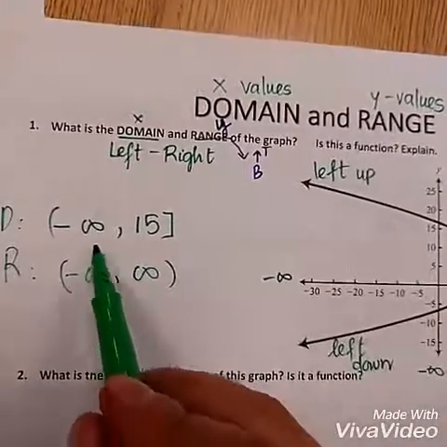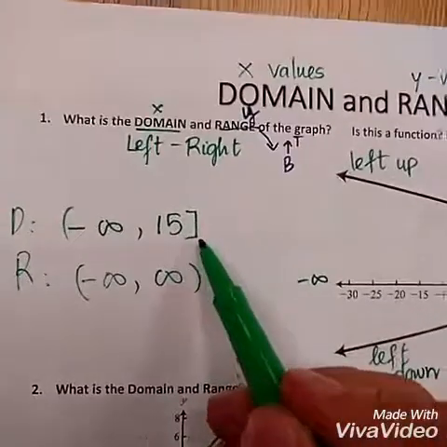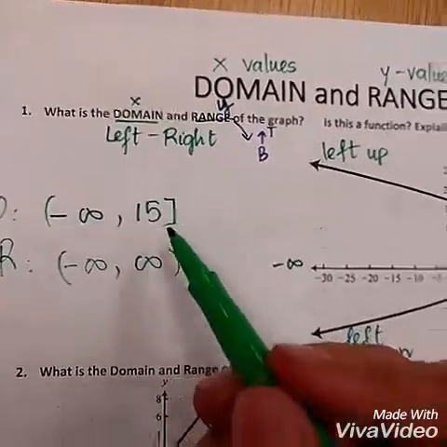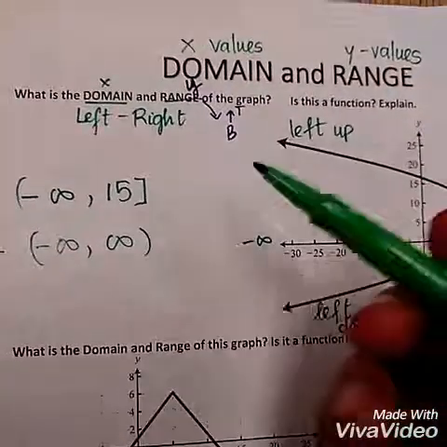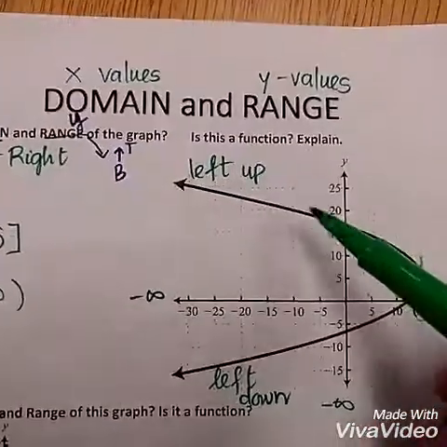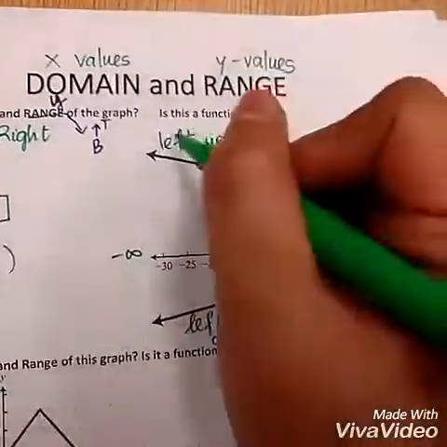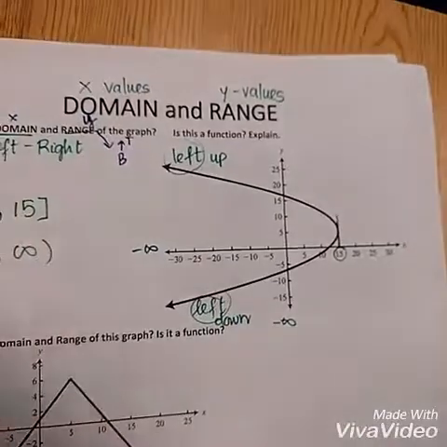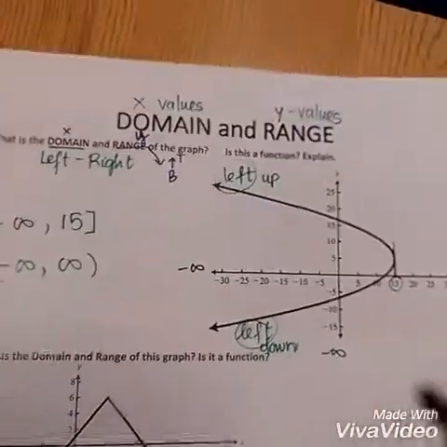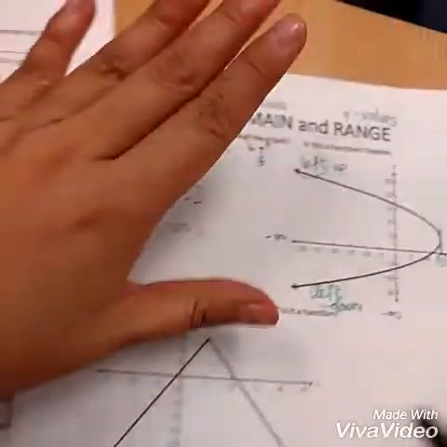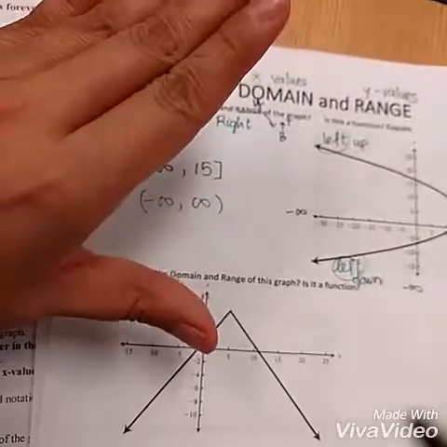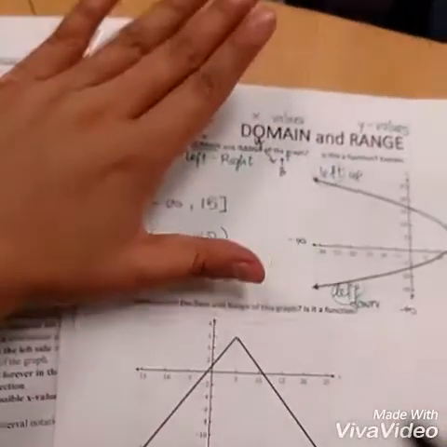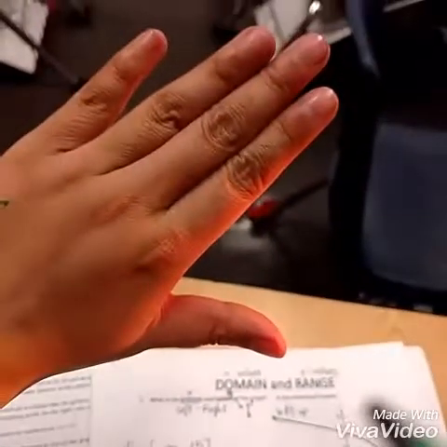If I was going to write this as an inequality, I'm going to have to use less than or greater than. In this one the graph goes all the way to the left. All of them go all the way to the left. The number is going to get smaller and smaller, therefore I'm going to use my left hand sign right here. Remember this one is making an L, it stands for less.